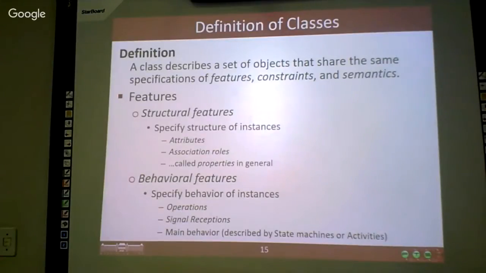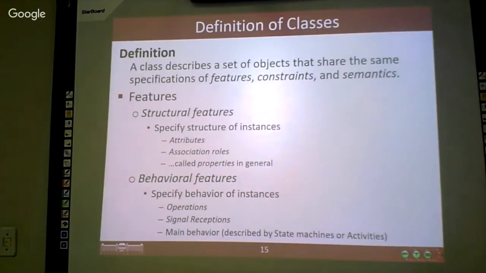And a class can have structural features that will specify the structure of instances. Such features are attributes and association roles, and we call them properties in general. And classes can also have behavioral features that specify behavior of instances, such as operations, signal receptions, and the main behavior of the classes.